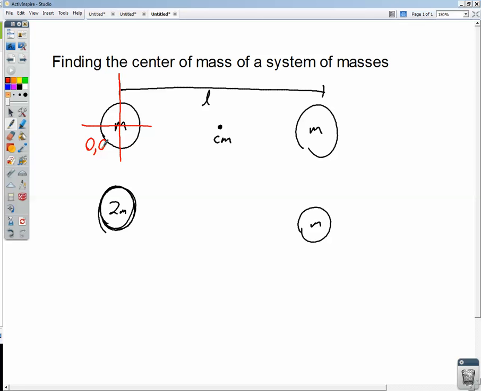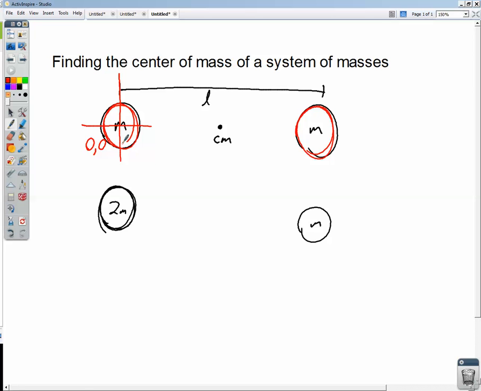This mass here is a total mass little m, and it's situated a distance L away from the origin. And this mass here is a total mass m, but it's situated on the origin.